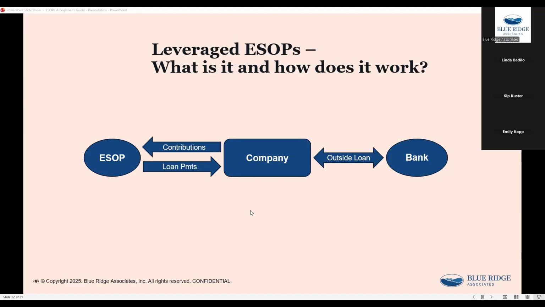But the loan between the ESOP and the company will typically be a much longer term, because you don't want to allocate all of the shares within the ESOP to plan participants in a short window of time and then have no more shares to spread out across new participants in the plan.